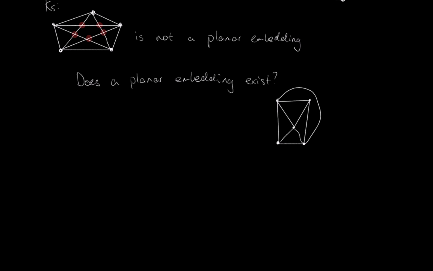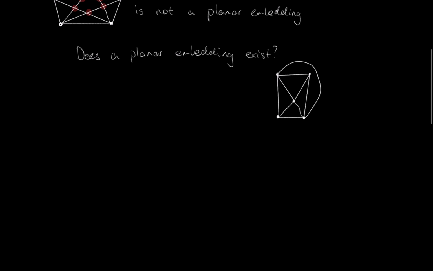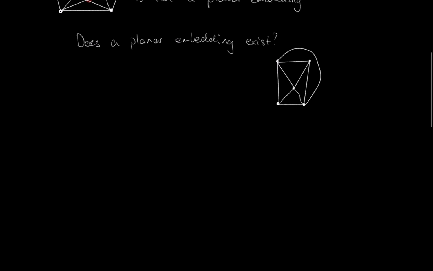So each vertex should have degree 4. That is, each vertex should have 4 edges incident with the vertex. So we still have to deal with this one. We need to connect it to this vertex here.